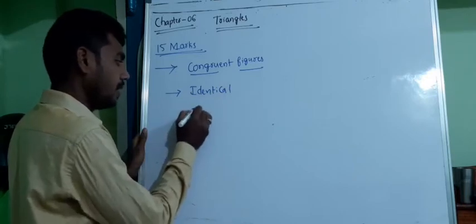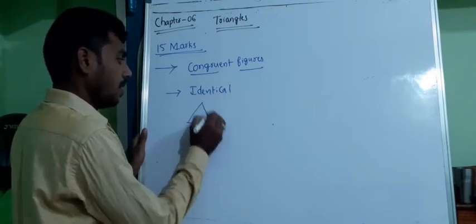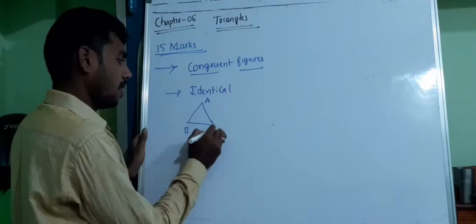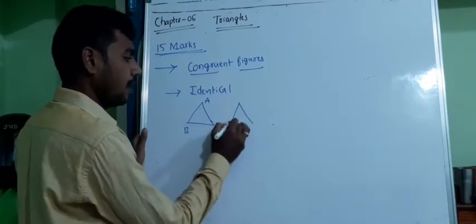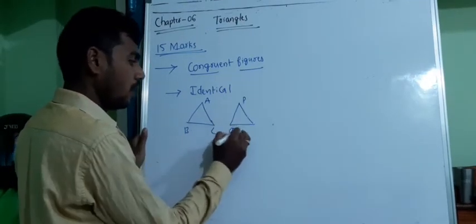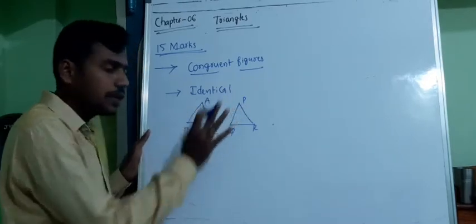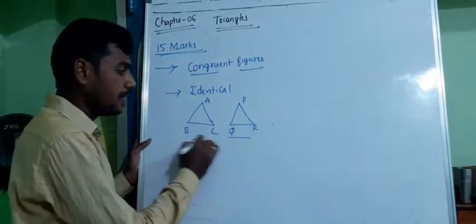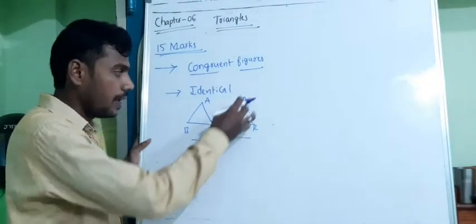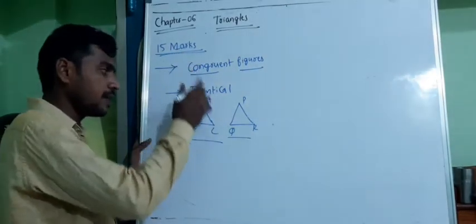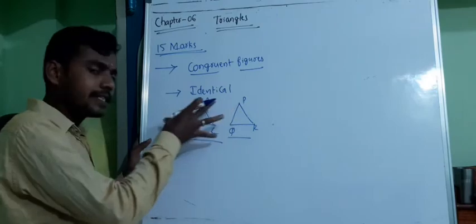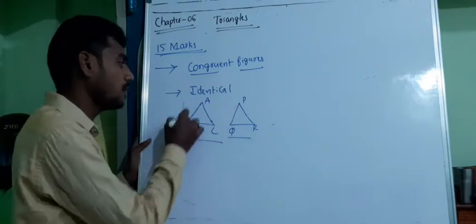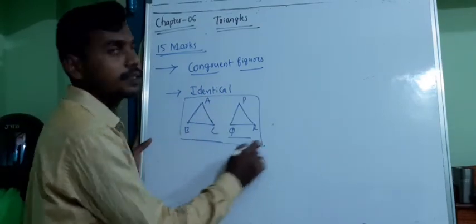See, if I take a triangle ABC and triangle PQR, and I want to say ABC is congruent to triangle PQR, when do I say these two triangles are congruent? If I bring this PQR and place it on this ABC, they should exactly overlap each other. Then only I will say the two triangles are congruent.